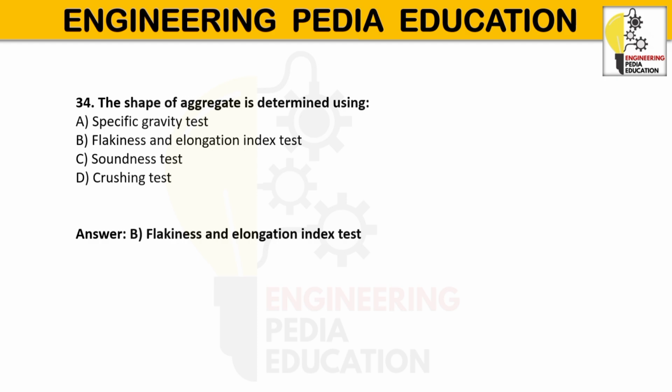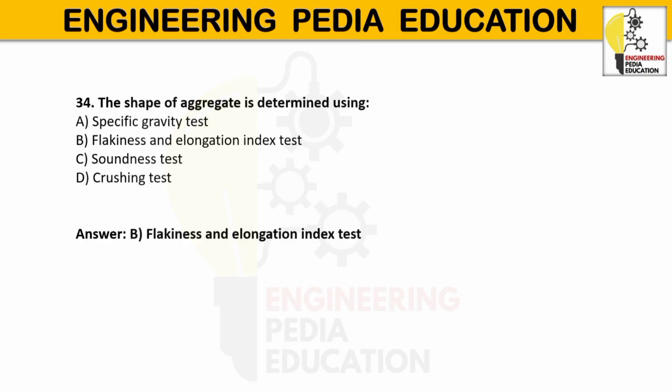Its purpose is to check the shape and quality of aggregate, to assess suitability for road construction, and to improve workability, strength and durability. And the formula was also discussed.